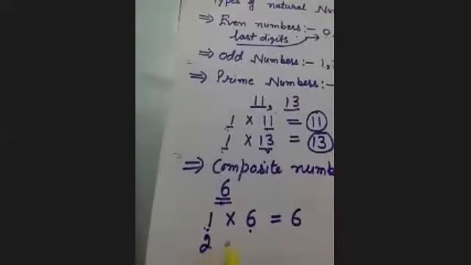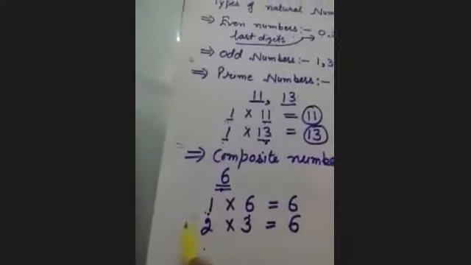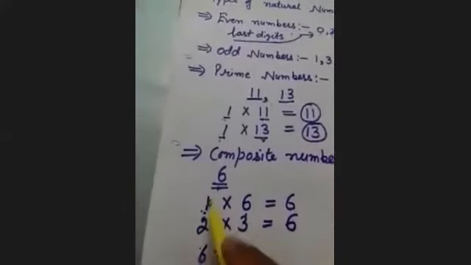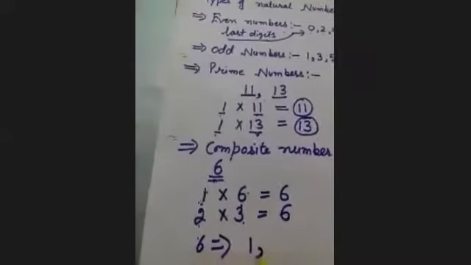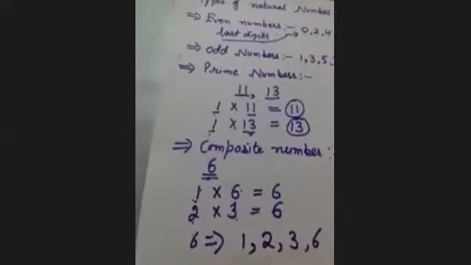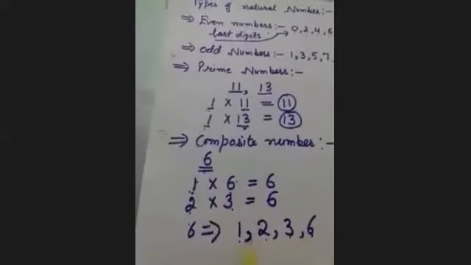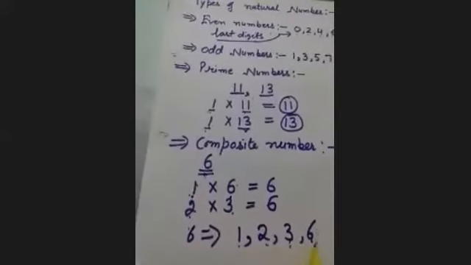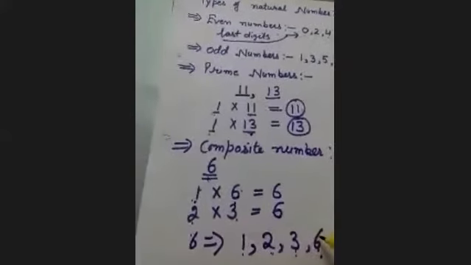Now 2 multiplied by 3 is equal to 6. Now factors of 6 are 1, 2, 3 and 6. So it means 6 has 4 factors, and 6 is a composite number.